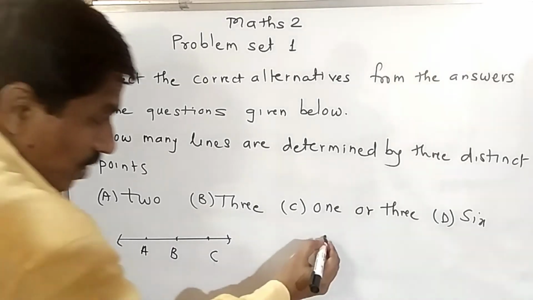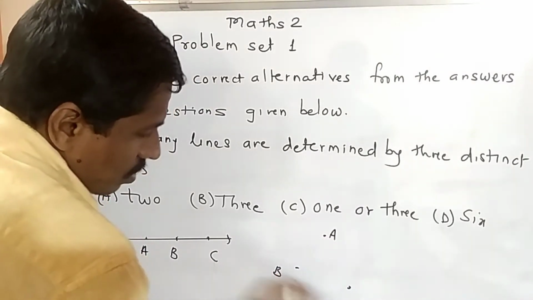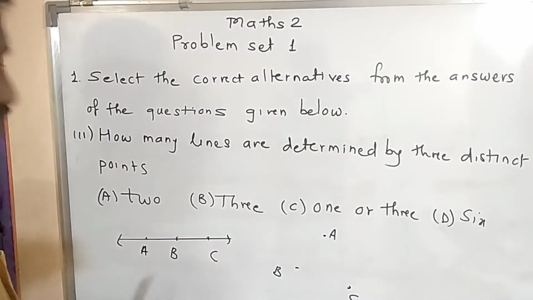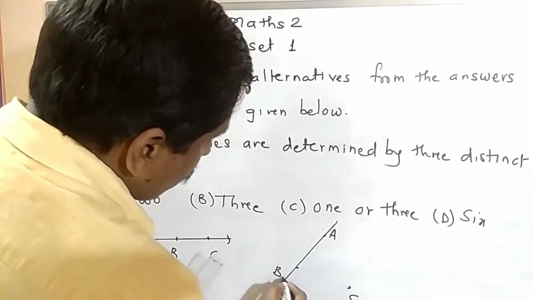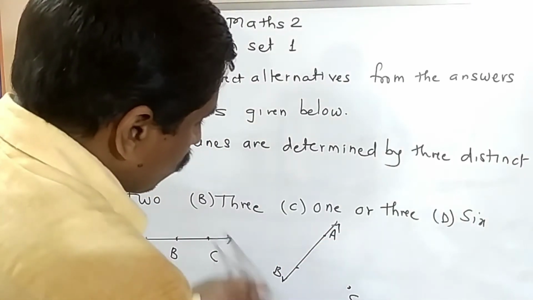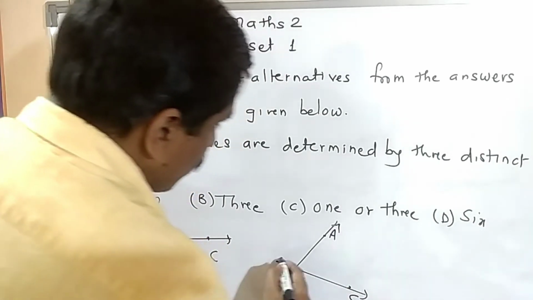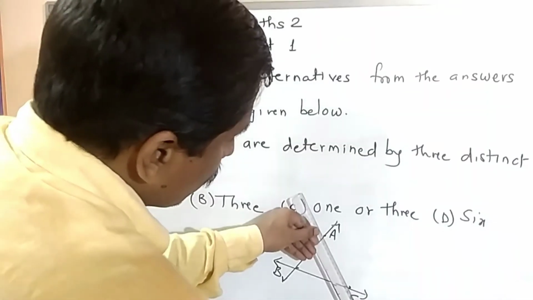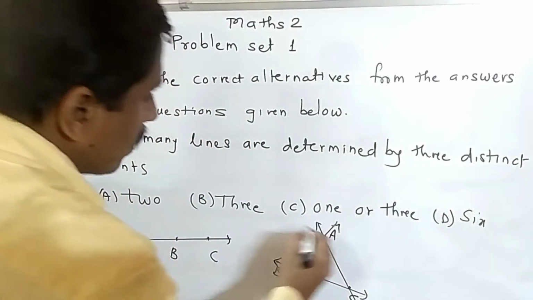If points are non-collinear, suppose this is point A, this one is B, this one is C, then through points A and B we can draw line AB. Through points B and C we can draw line BC, and through points A and C one can draw line AC.